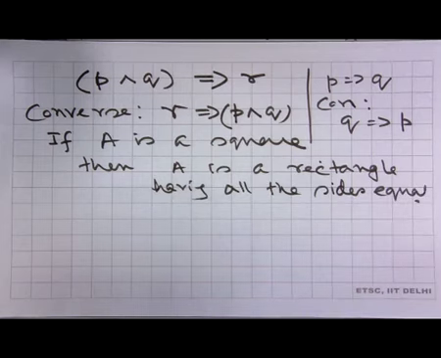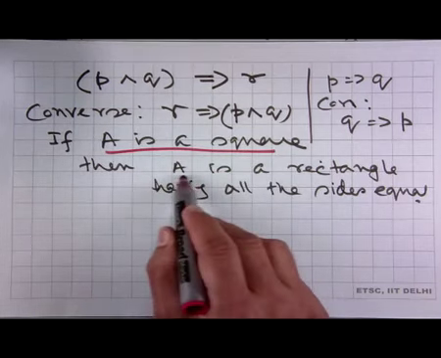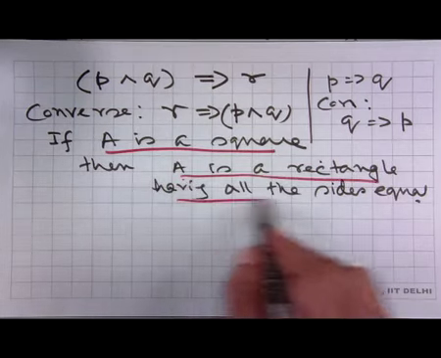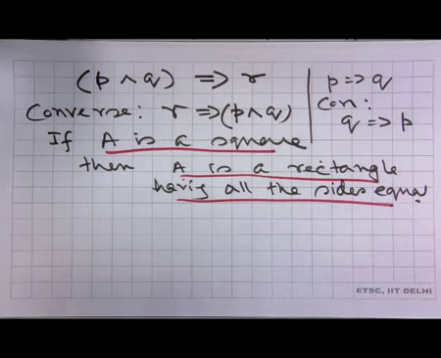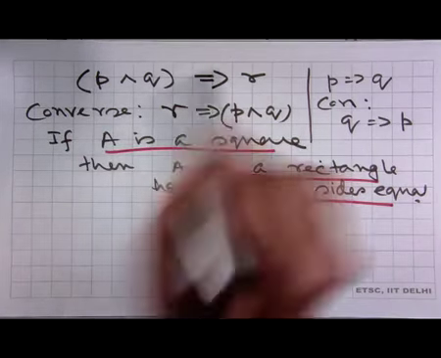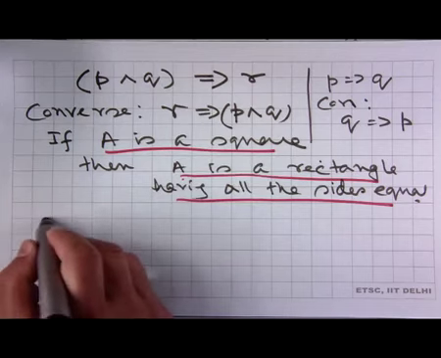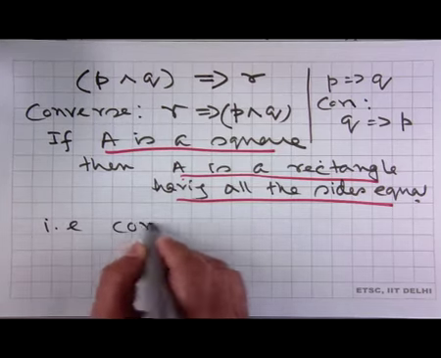Which is true. If A is a square, then A is a rectangle having all the sides equal. Therefore, in this case we find that if P and Q implies R is true, then converse is also true.